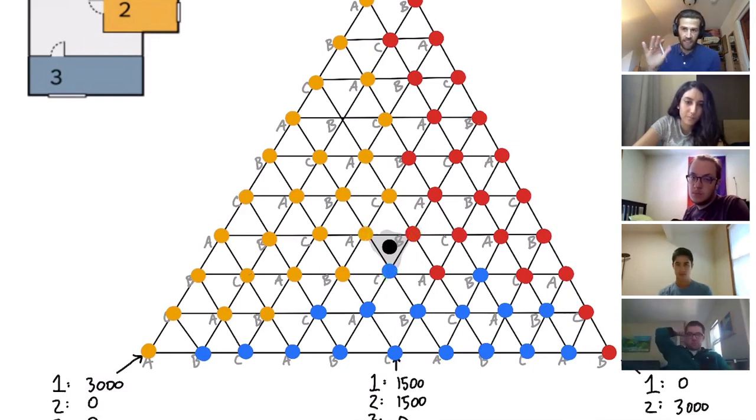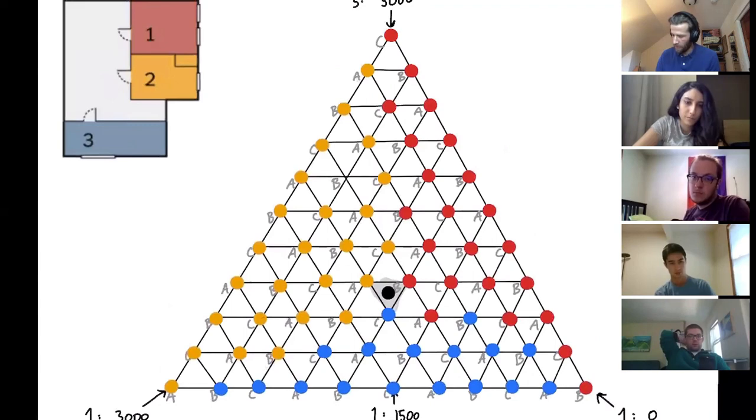So essentially, plus or minus $10 in either way, at this black price point, roommate A prefers the orange room, room 2. And roommate B prefers the red room, room 1. And roommate C prefers the blue room, room 3. So near that black price point, there are very nearby prices where the 3 roommates prefer 3 different rooms.